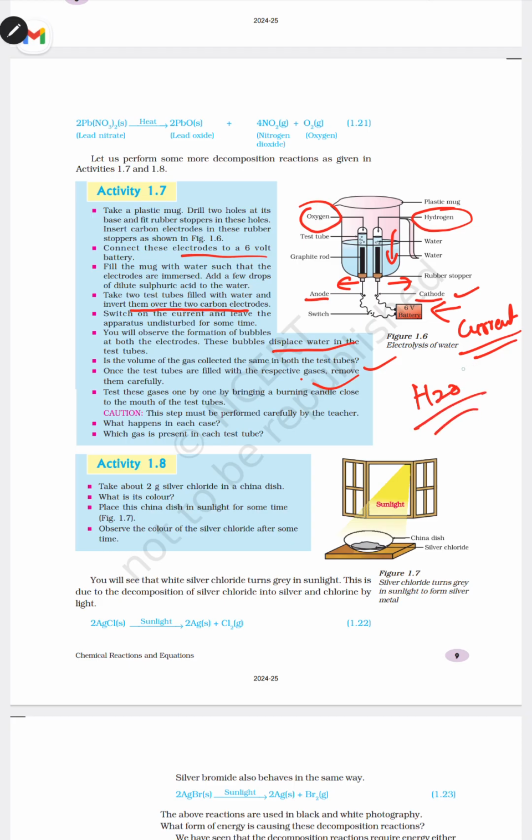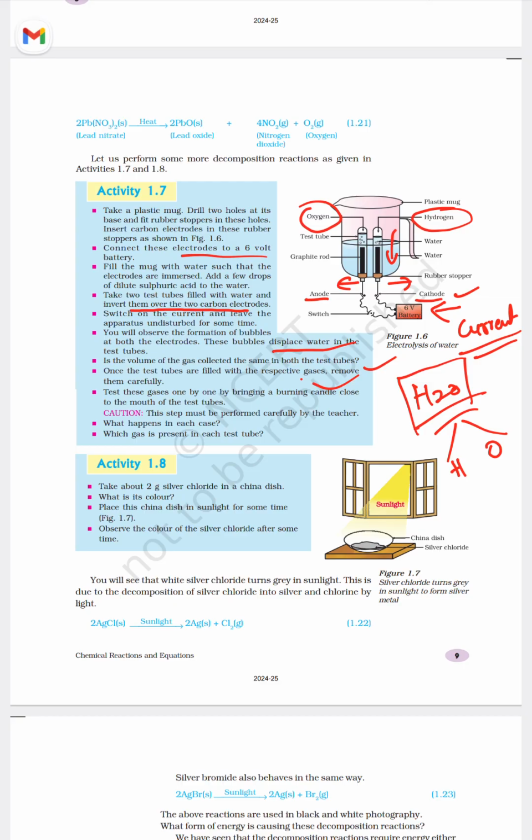What is this electrolysis of water? We are giving battery supply, and whenever we give current, water is getting decomposed into hydrogen gas and oxygen gas. Oxygen we get at the anode side, and hydrogen gas at the cathode side.